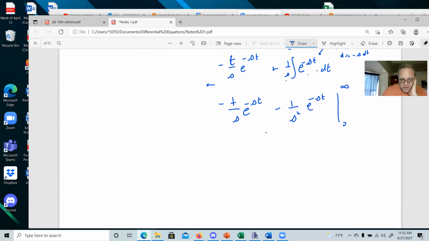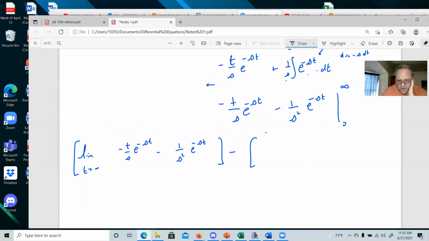Okay, so let's take a look. Let's take the limit as t goes to infinity of negative t over s e to the negative st minus 1 over s squared e to the negative st. That's one side of it.